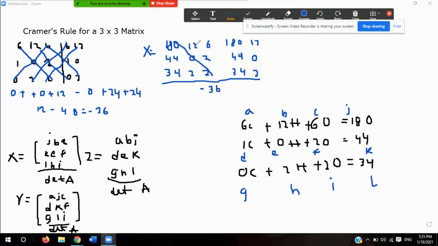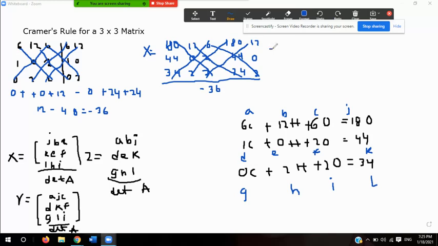And then we have 12, 2, and 34, and 6, 44, and 2. And then we do the same thing here with 34 times 0 times 6, and 2 times 2 times 1, and finally 2 times 44 times 12.